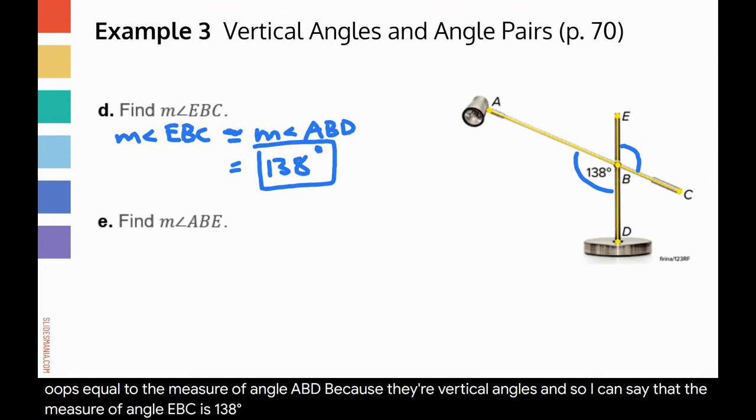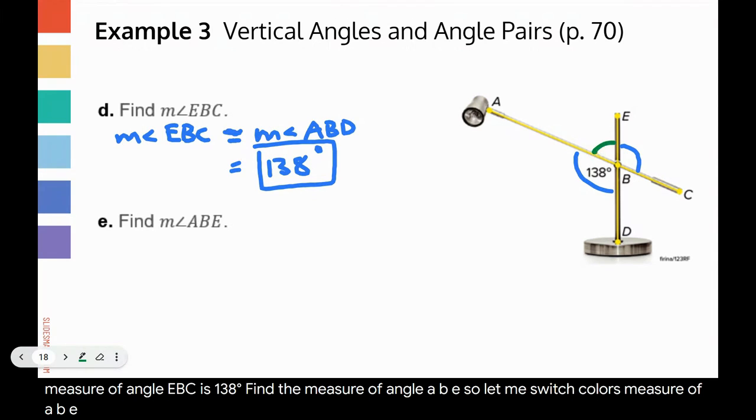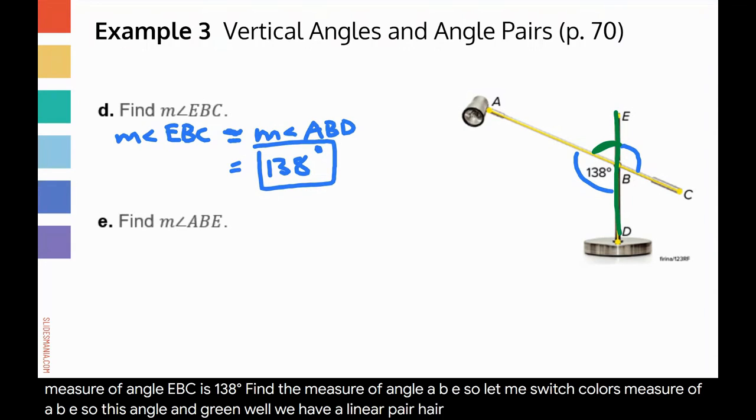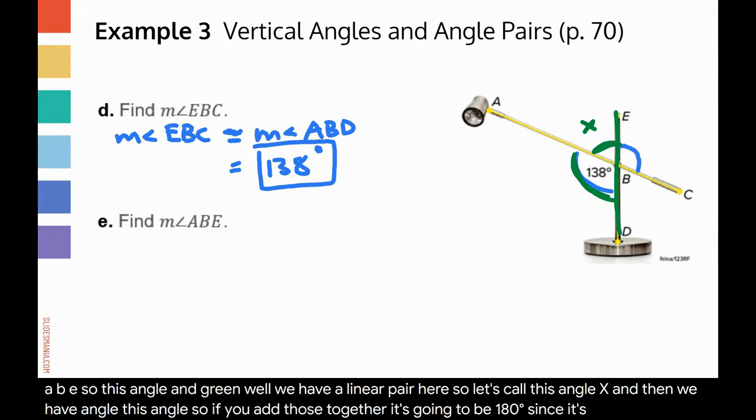Okay, and then we want to find the measure of angle ABE. So let me switch colors. Measure of ABE. So this angle in green. Well, we have a linear pair here. So let's call this angle X. And then we have this angle. So if you add those together, it's going to be 180 degrees since it's a linear pair.